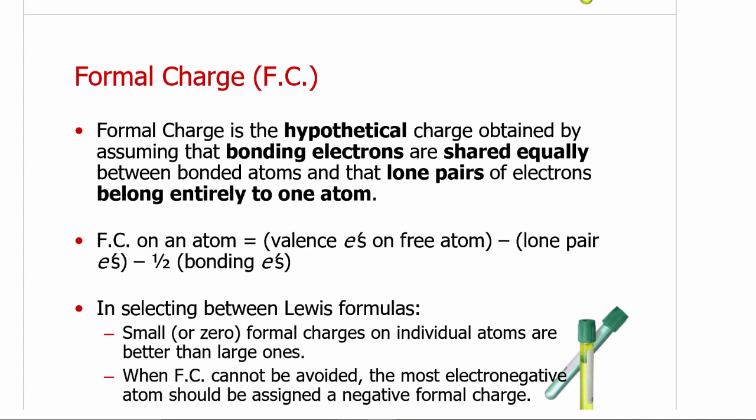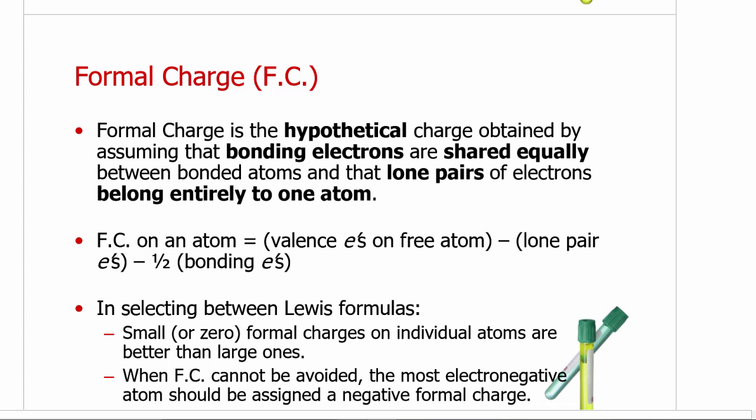And we subtract 1/2 of the bonding electrons because in this case we assume that they are shared equally. So in a bond, then what we're saying is that one electron belongs to one atom, the other electron belongs to the other atom, which is why we take 1/2.